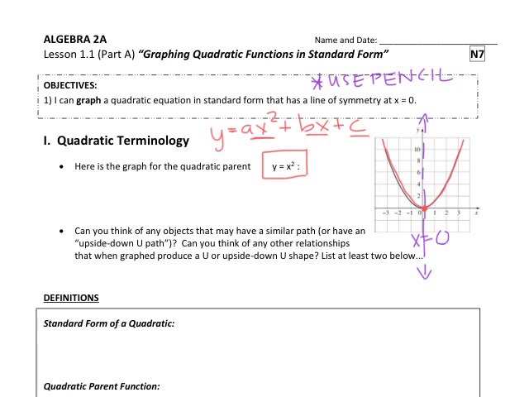So can you think of any objects that may have a similar path to what the parabola has here? The parabola is the U-shaped curve. So an upside down U path, so the curve that we're going to be graphing could go this way if we have y equals negative x squared, or it could go this way when we have the parent function like we show here, y equals x squared.